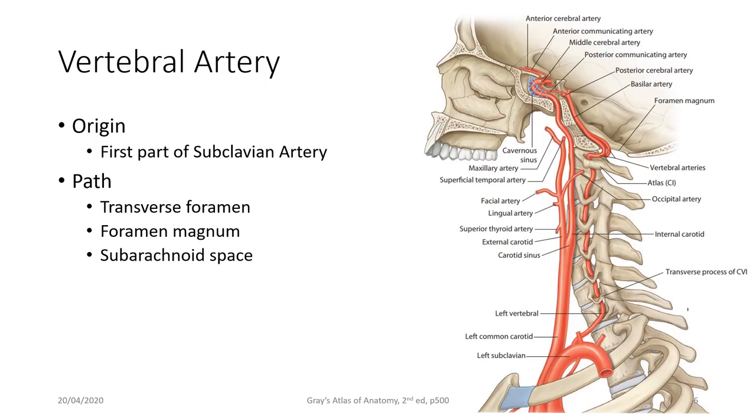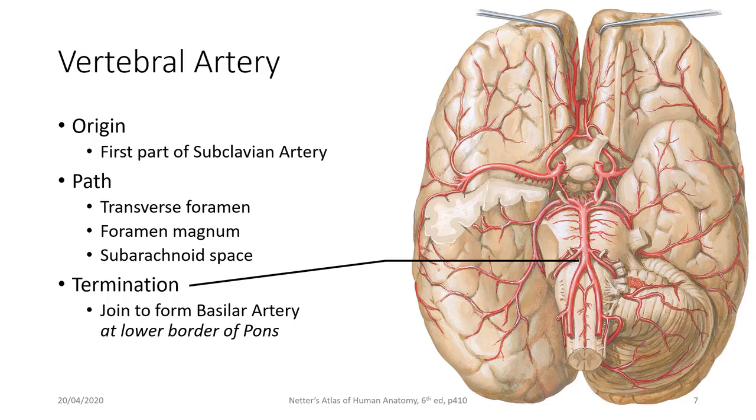These are known as transverse foramen or foramen transversarium. After ascending through all the cervical vertebra, it enters the skull cavity via foramen magnum, and within the foramen magnum, it pierces the dura mater and runs within the subarachnoid space.